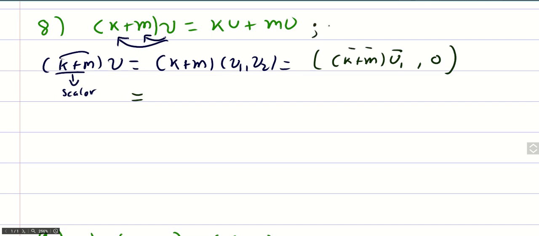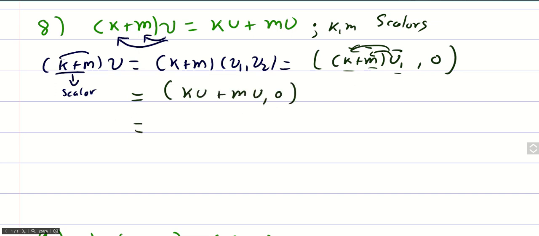I forgot to mention here that k and m are scalars. So these elements here are scalars, so we can distribute u1 over this parenthesis and we obtain (k u1 plus m u1, 0).